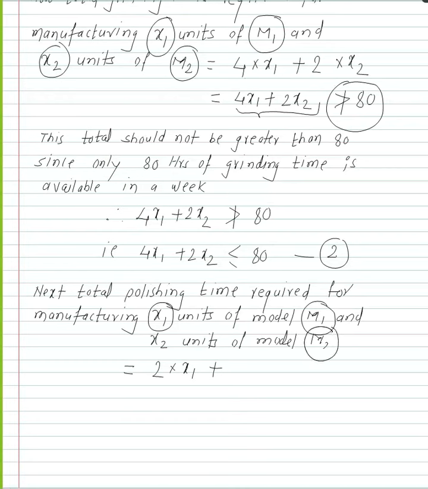So the total polishing time required to manufacture x1 units of M1 and x2 units of M2 will be 2 into x1 plus 5 into x2.